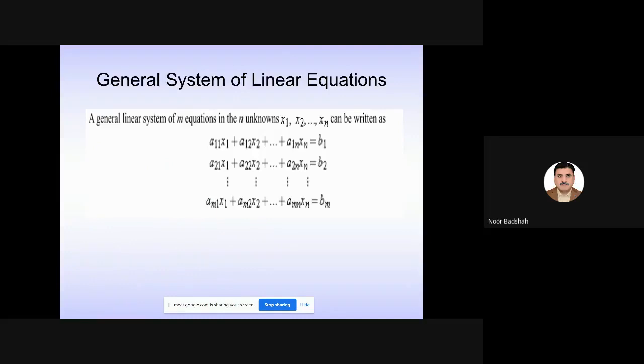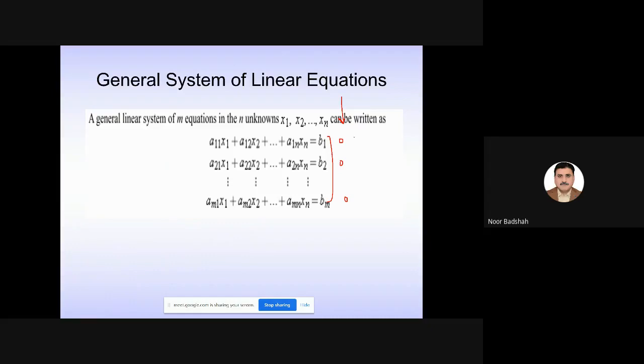So that's a system of equations. Again, we are considering two types of systems. One is the non-homogeneous system, whereas the other one is the homogeneous system. If everything on the right side, the values of b, are 0, the system will be homogeneous.